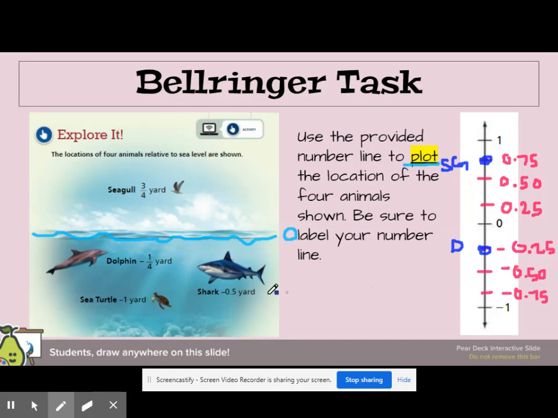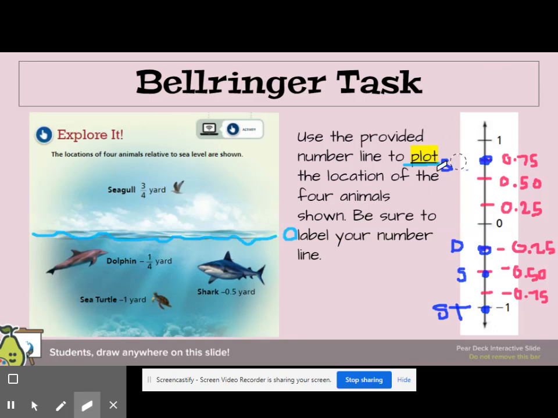There's my dolphin. Shark is negative 0.5. That's the same as negative 0.50. Sea turtle is negative 1 whole. Here it is. So my dots are actually in all the exact same locations, but this time my scale is using decimals. So that was the bell ringer task.